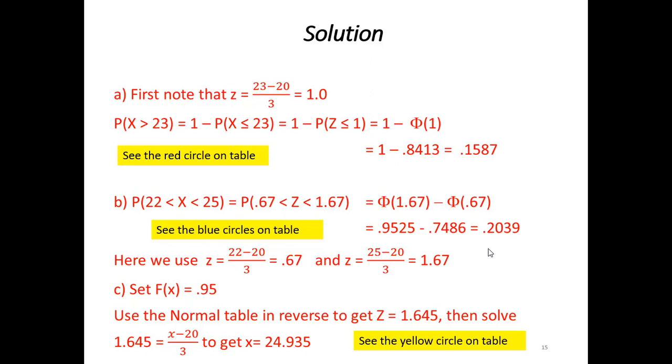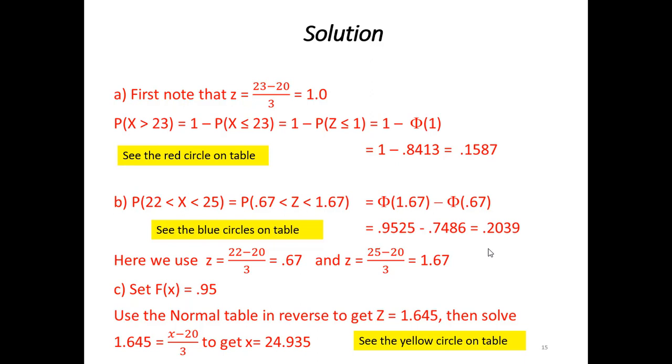Now in part C, we want to find the 95th percentile. Similar to what we had discussed earlier in this video, we start out by thinking in terms of setting a cumulative distribution equal to 0.95.